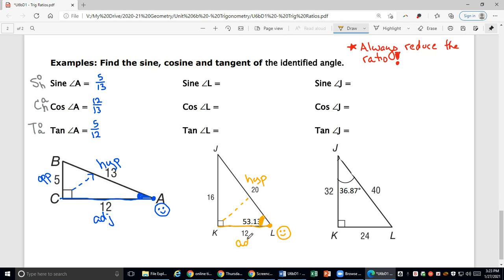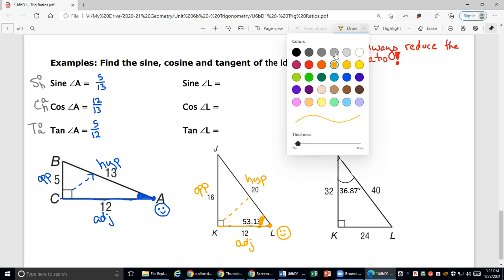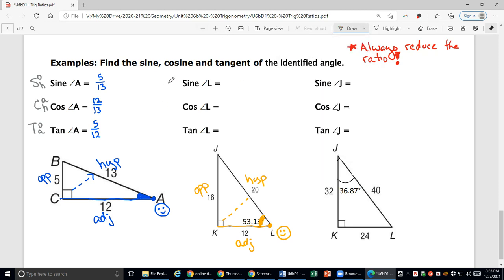That is my adjacent leg. And then opposite on the other side of the triangle, all the way across, super far away from my smiley face, is the opposite side. Okay, so now we're going to remember that we are doing SOH CAH TOA to remind us what our ratios are.